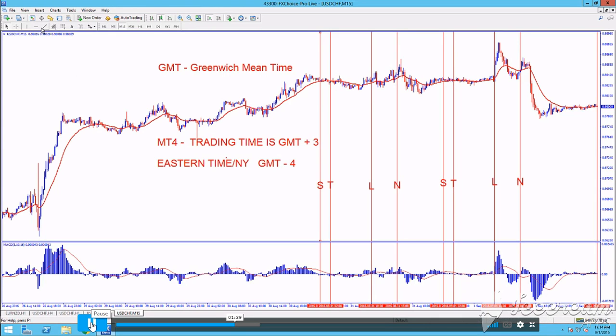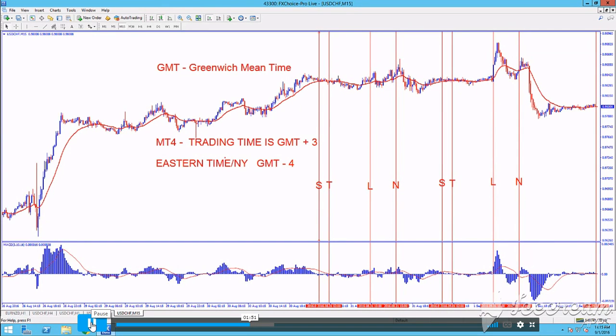So when looking at the markets, the best times to trade are the London session right here. I like the London session to start. I also like the New York session.